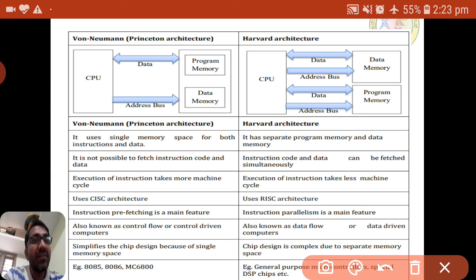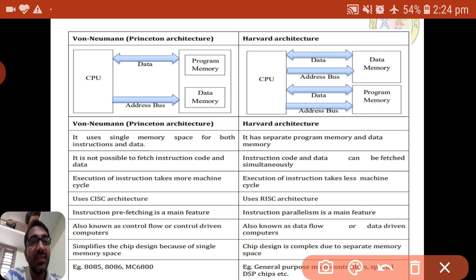And here, the instruction parallelism means the pipeline we are talking about, so the pipeline is more here as it is a RISC architecture, more pipeline and less pipeline. Okay, and they are also known as control flow or control driven computers and data driven computers. So the controlling part is more here, and here it is somewhat less compared to Von Neumann.